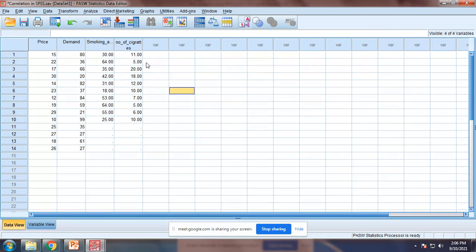Please run the correlation for these two sets of variables and tell me the output along with your null hypothesis. You can put your null and the alternate hypothesis in the chat window, then run the correlation and then tell me what are the interpretations that you get. Please write in the chat window. Is it okay? Fine.